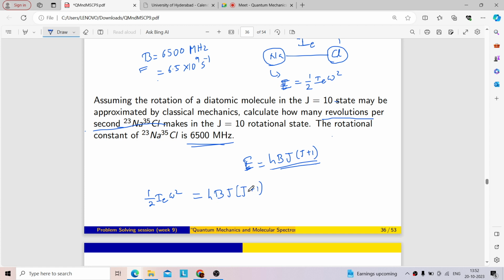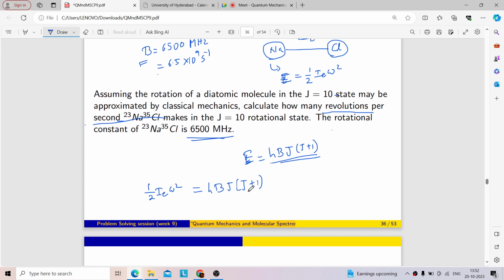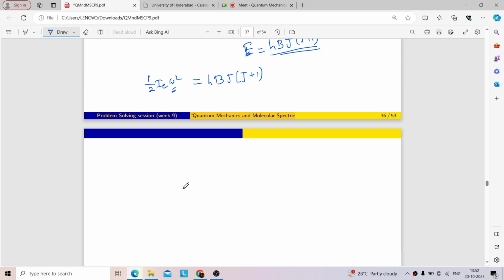Now what we have to calculate is the revolutions per second. So that means we have to evaluate omega first. Let me write this equation in terms of omega.